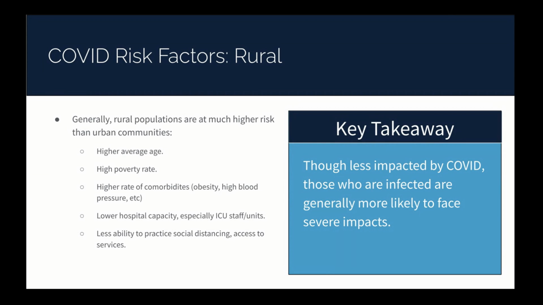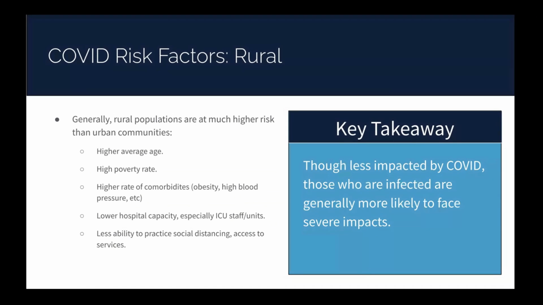And then the last piece, which is an interesting dynamic, is that rural communities generally have less ability to practice social distancing as compared to their urban counterparts. When you think about this, rural communities typically are much farther apart, so they're less dense. If you are talking about isolation, they have less ability and less access to services like food delivery, where folks in urban centers are able to not go to the grocery store because they can have food delivered.